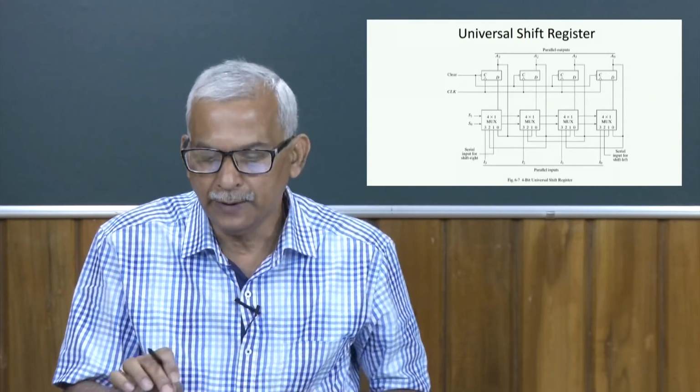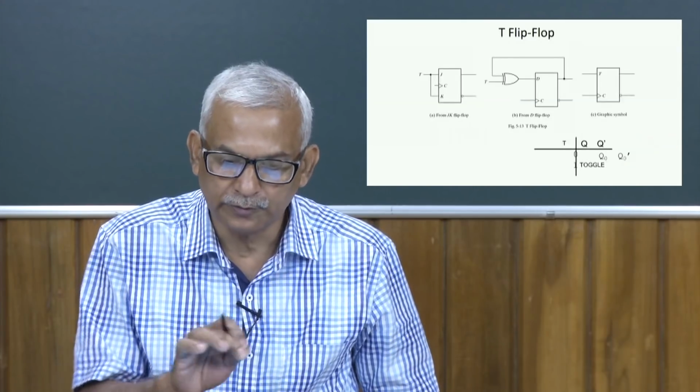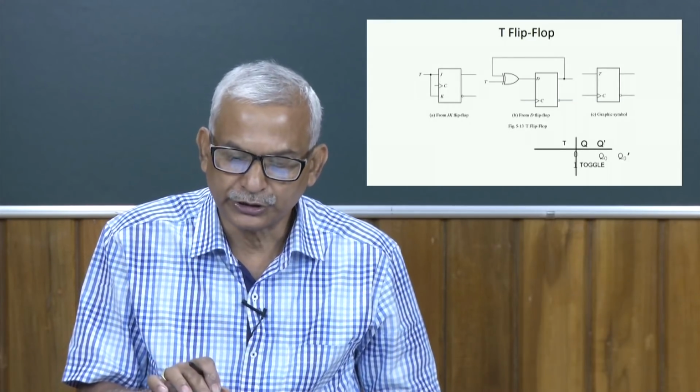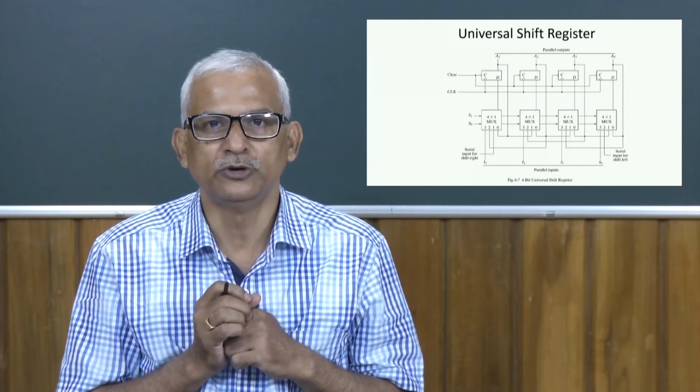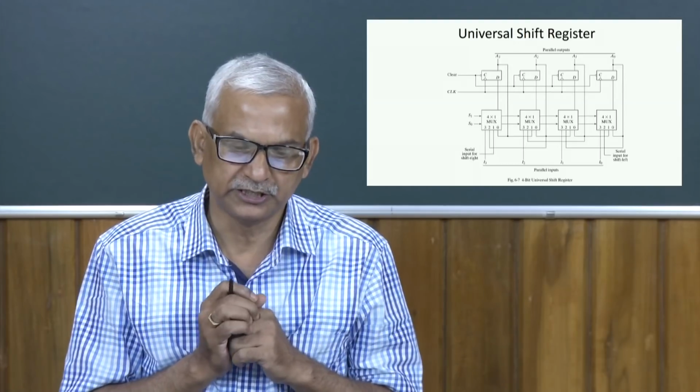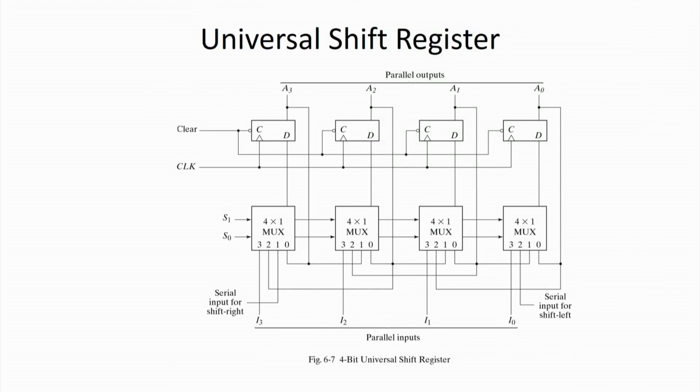Now, with the help of this flip flop, we can construct some of the basic building blocks. One of the basic building blocks is your register. What is a register? Basically, a register is an electronic circuit where we can store information.